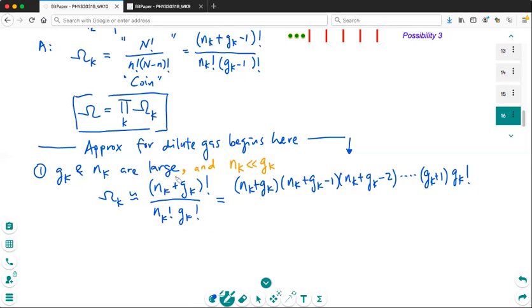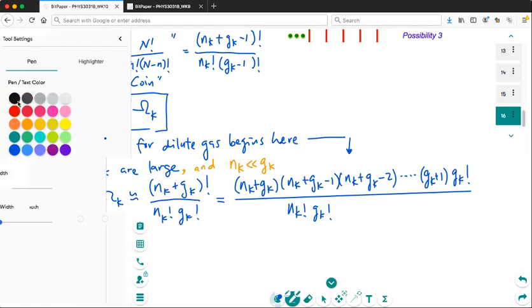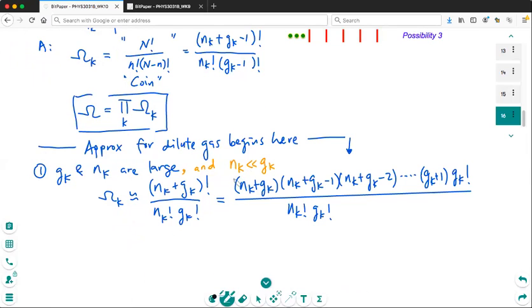Okay, you can accept this, right? So I just keep reducing by 1 until I reach GK factorial. Okay, how many terms here? They are all together NK terms. So from here to here, I have NK of them.